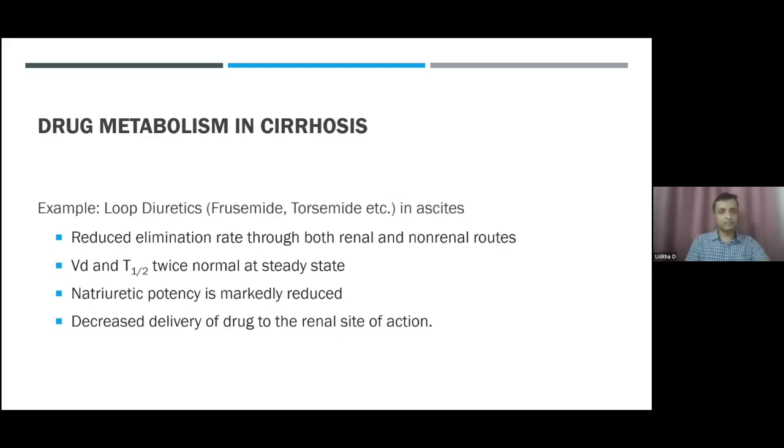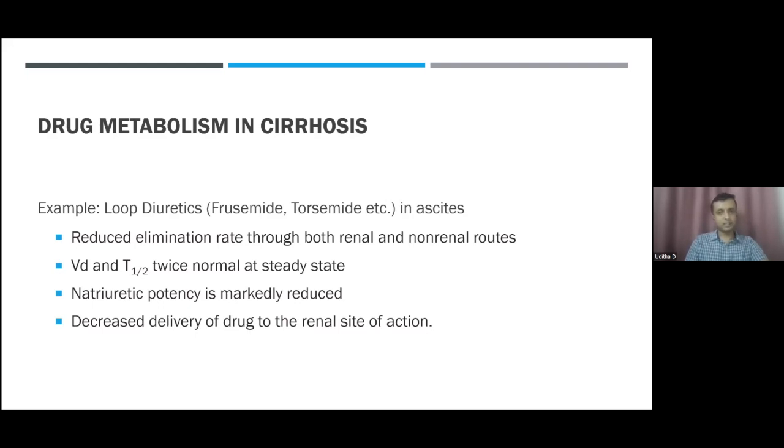But their natriuretic potency, or the ability to excrete sodium and hence water, is markedly reduced, because the delivery of the drug to the renal site of action, the loop of Henle, is decreased because of the changes in the renal hemodynamics.